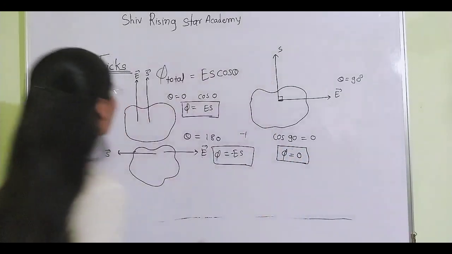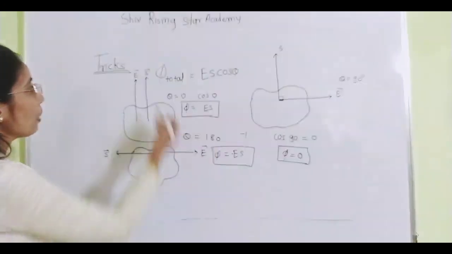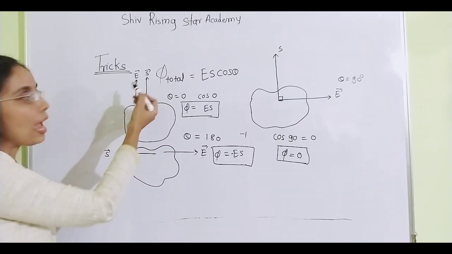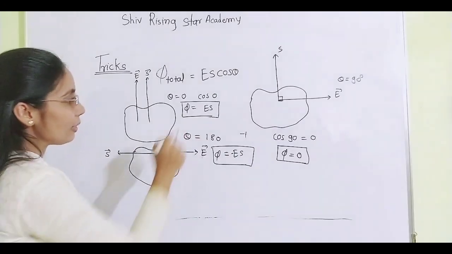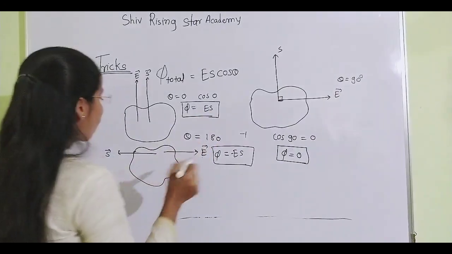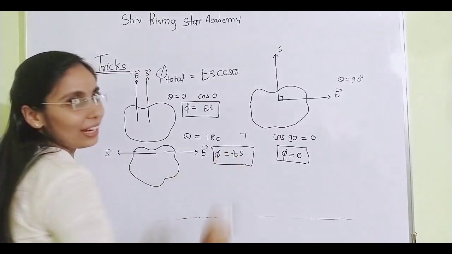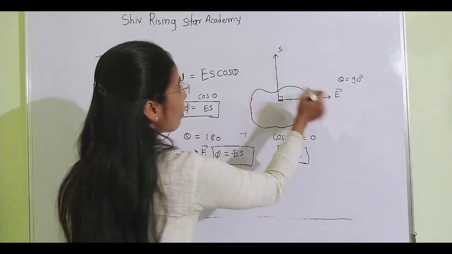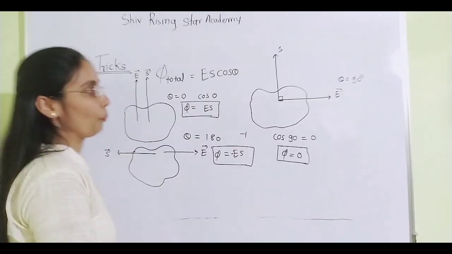So these are some tricks of finding the electric flux. Simply we can remember, when the direction of the electric field and the area vector are in the same direction, then electric flux is positive, that is ES. When both are in opposite direction, the electric flux is negative, and when the angle between them is 90 degree, then electric flux is 0.